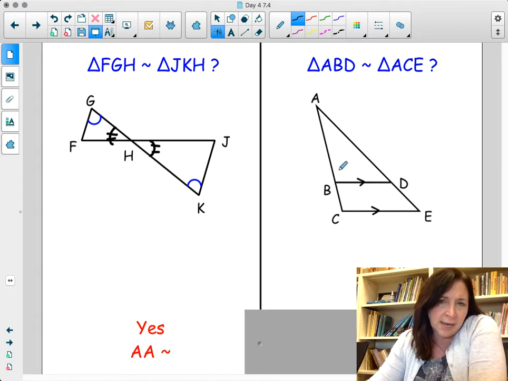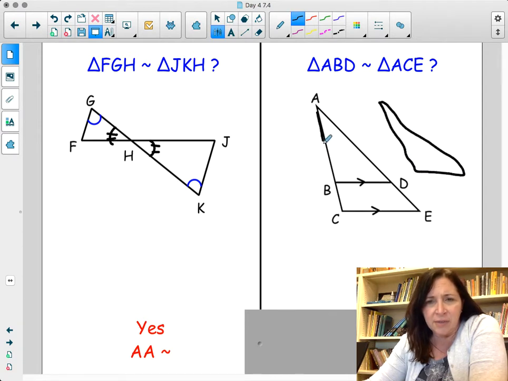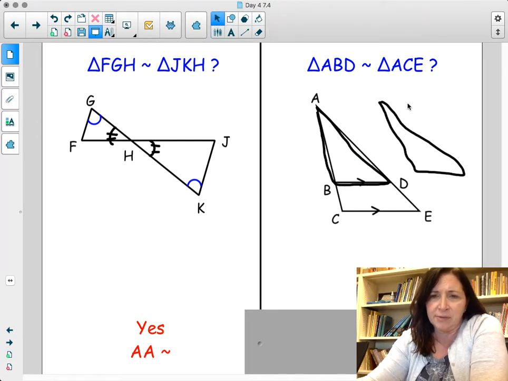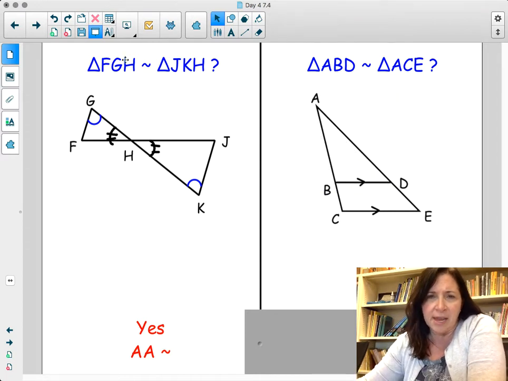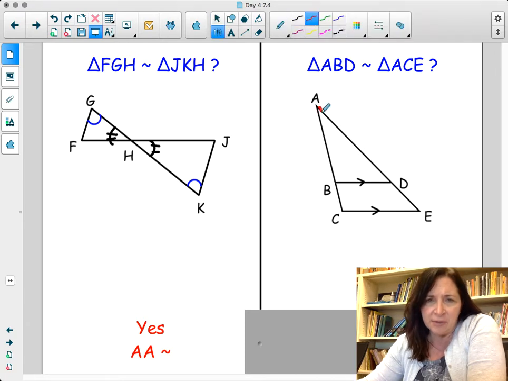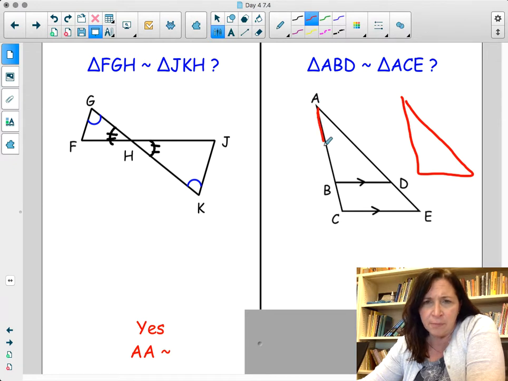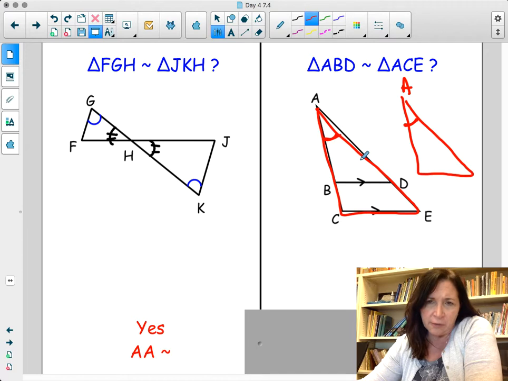For this one also angle postulate, because you do know that there's a couple of things here. If I were to take this triangle here and move it across like this, now you have the large triangle like this, and you've got the small triangle which starts at A. This angle is going to be congruent to itself, despite the fact that I moved it off the other triangle.